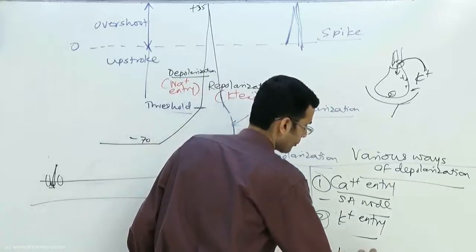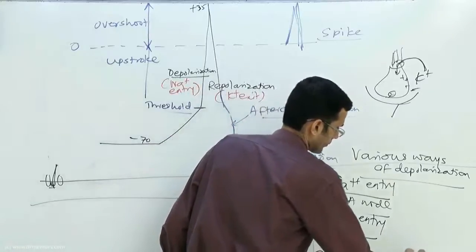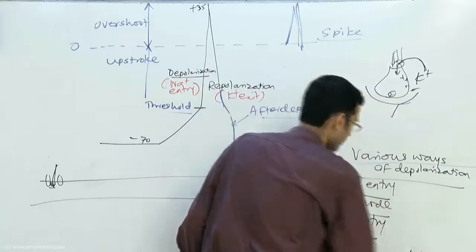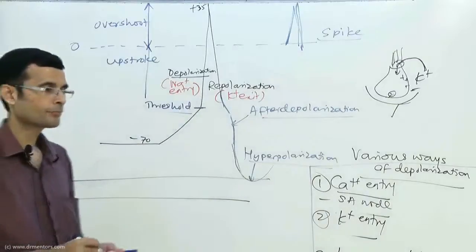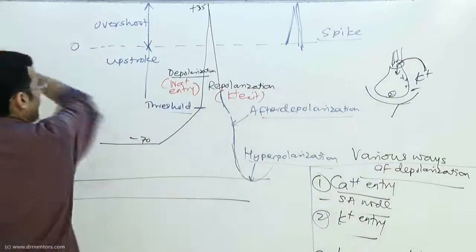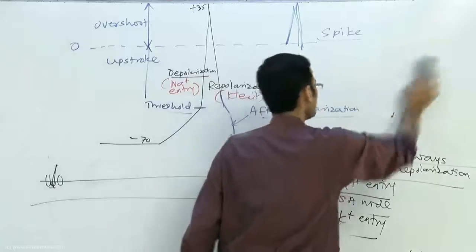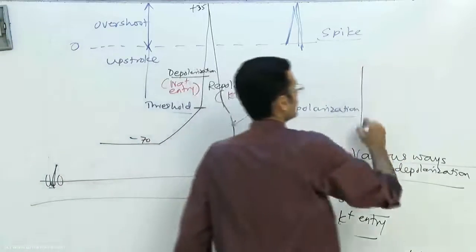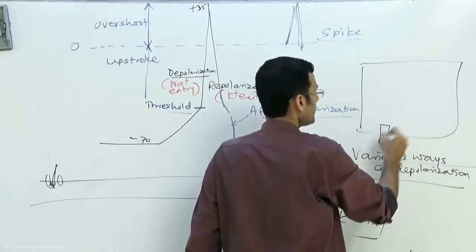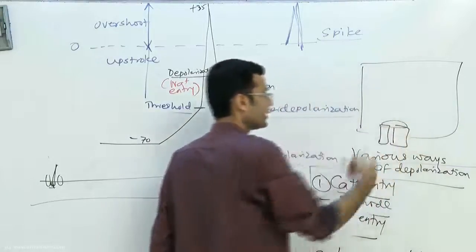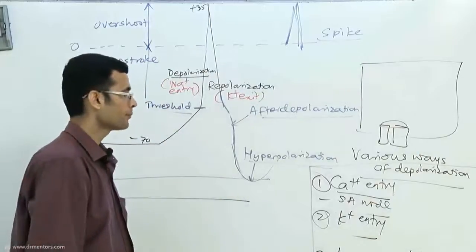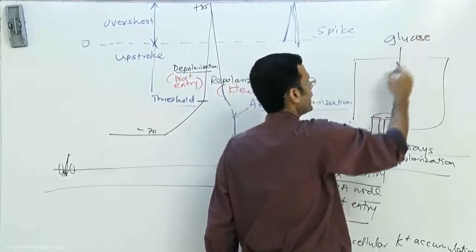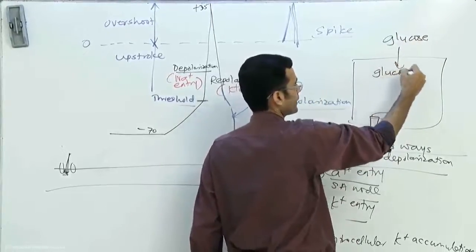Intracellular accumulation of potassium is one more way of depolarization. It occurs at various places, for example, the pancreatic beta cell. You know, there is an ATP sensitive potassium channel in the membrane of the pancreatic beta cell. Blood glucose enters this pancreatic beta cell.